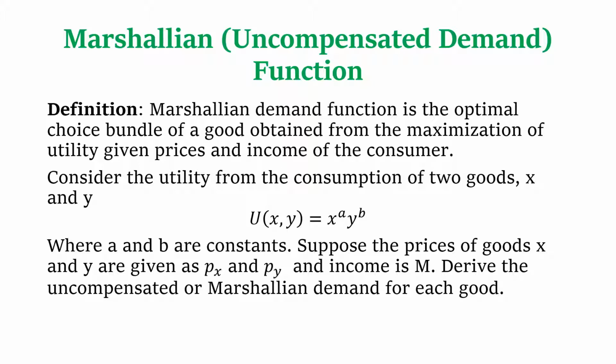Now, we are asked to derive the uncompensated demand function for each good. So what we do here is we try to set up the consumer's problem. And the consumer's problem is what? To maximize utility subject to his limited income. So the constraint there is the budget.